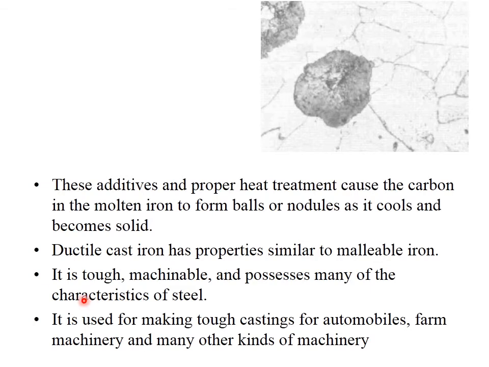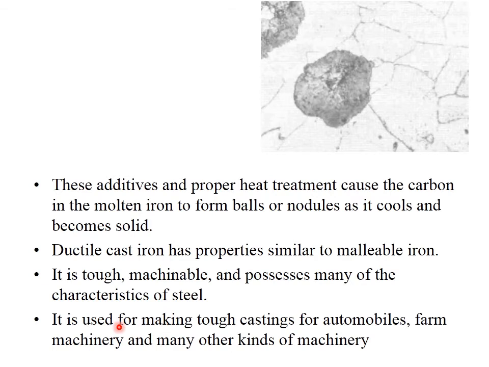So basically it is very tough, which means it will offer you good damping characteristics. Machinable, that means it will allow you to machine with quite ease, and it possesses many of the characteristics of steel in terms of the tensile strength.